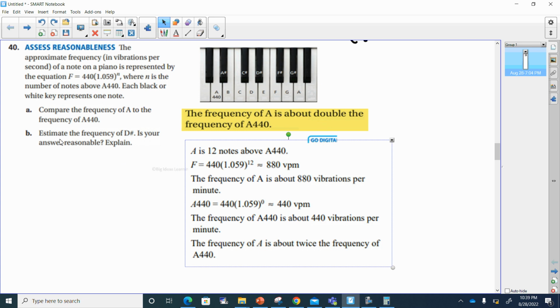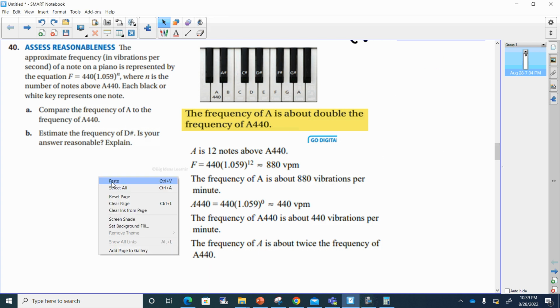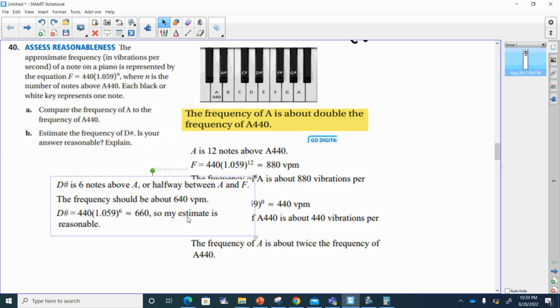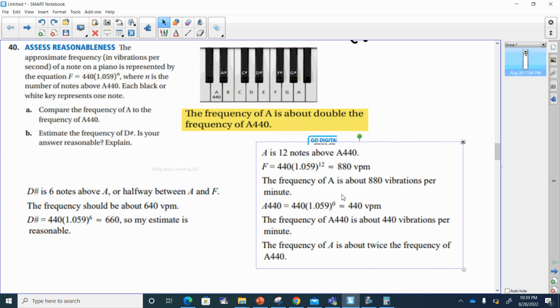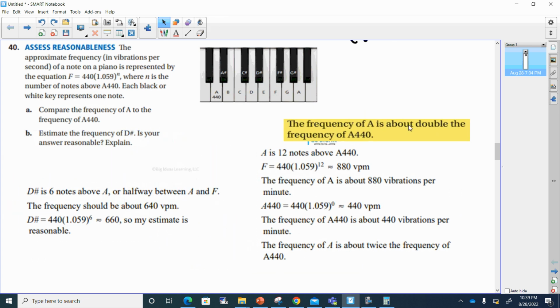Next, estimate the frequency of D. Is your answer reasonable? All right. Now we got to estimate the frequency of D. Let me get some room here. I'll put it over here.